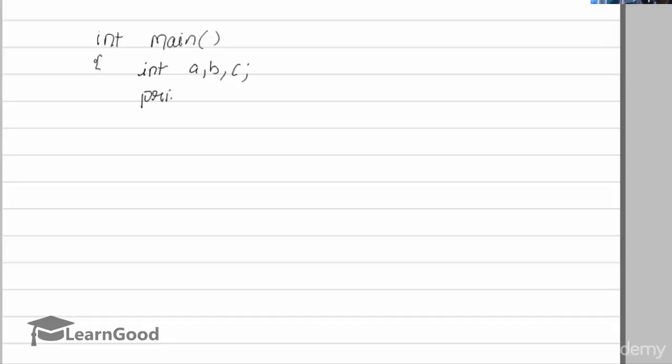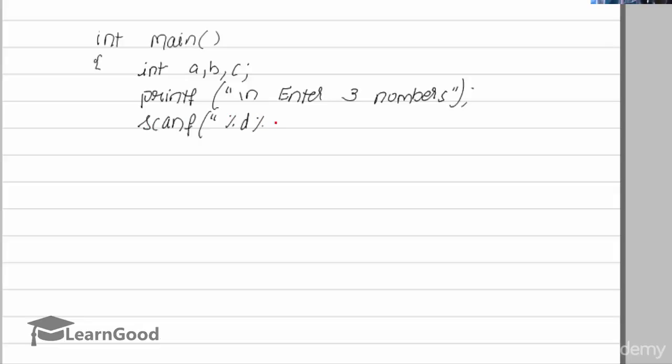Accept all three integer variables. Printf, enter three numbers. Read them by using scanf, %d, %d, %d, ampersand of a, ampersand of b and ampersand of c.